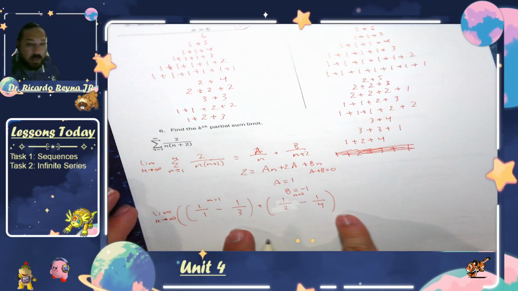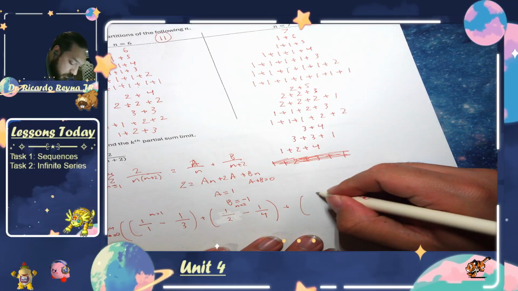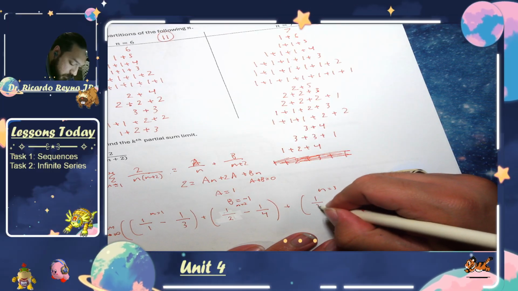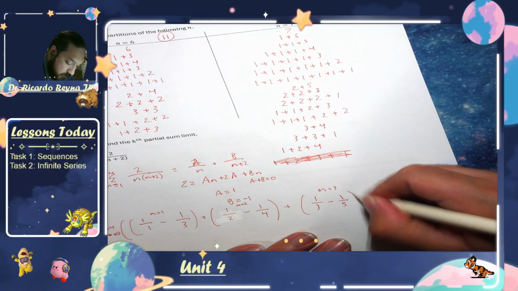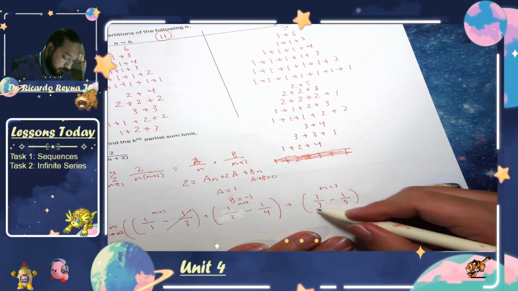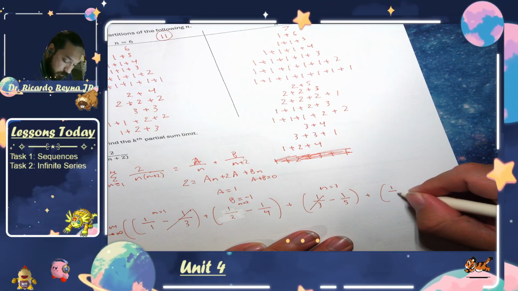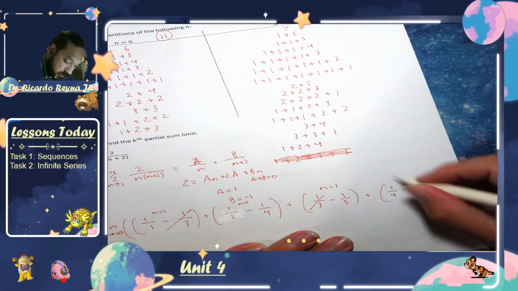And so far, we're not seeing anything cancel out yet. But I know when I do n is 3, I'll have at least this cancel out. But let's see what else happens. 1 over 3 minus 1 over 5. 1 over 4 minus 1 over 6.